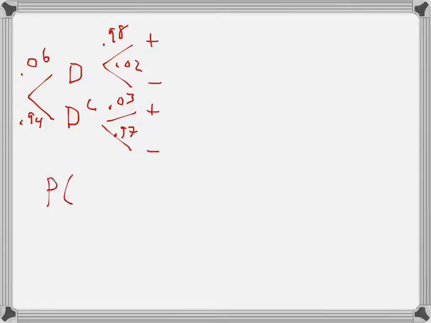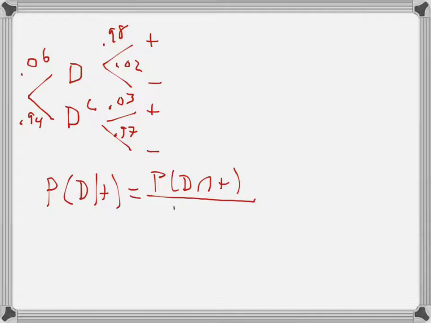So we were trying to find the probability that somebody takes drugs given that they test positive. Using conditional probability, this should be the probability of them taking drugs and testing positive divided by the probability of what was given, the probability that they came out positive.